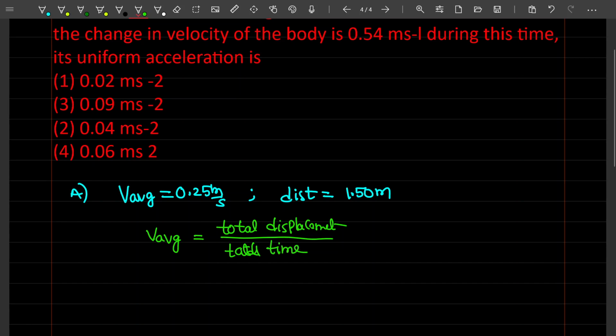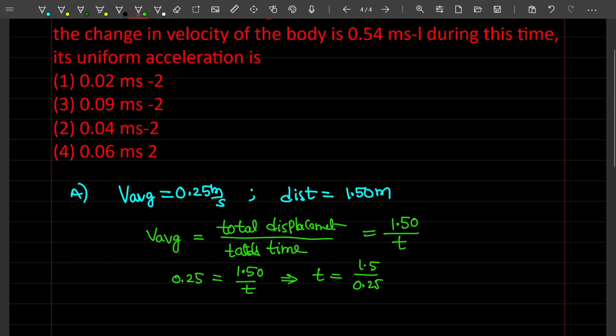So now this total displacement or total distance value we can take as 1.50 divided by the time value we are going to find. So this average velocity I can write here 0.25 which is equal to 1.50 divided by t. Now if I take cross multiplication, t equal to 1.5 over 0.25.